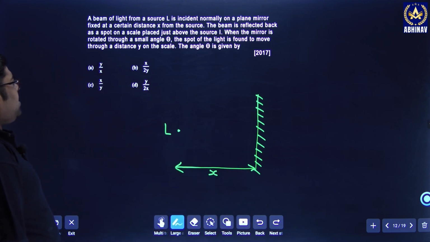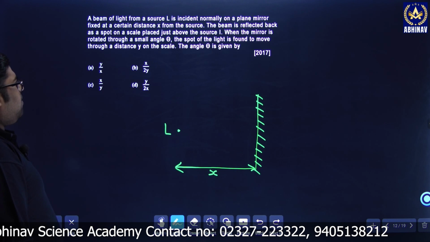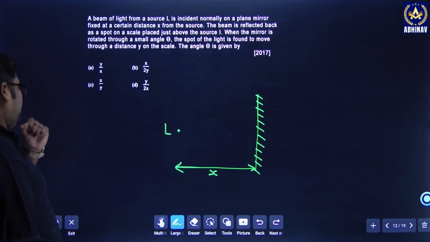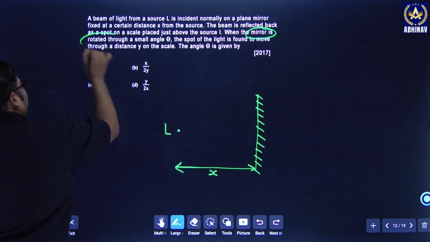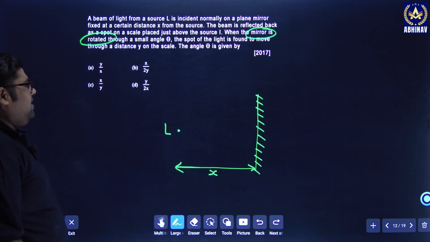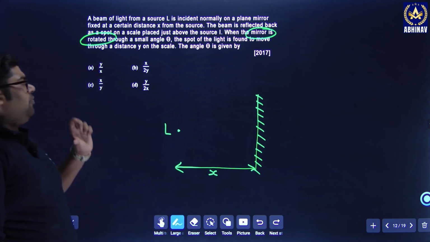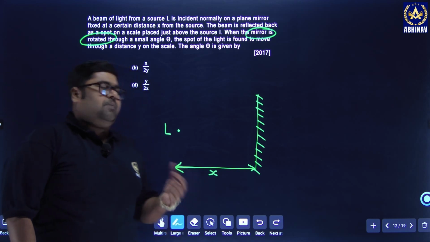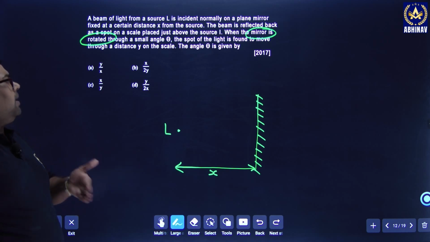Now the beam is reflected back as a spot on a scale placed just above the source L when the mirror is rotated through a small angle theta. See, now the concept used here is mirror rotation. What words you need to highlight here? While solving, using a pencil in your exam, you can highlight these words: mirror is rotated. Yesterday itself we have seen the concept of mirror rotation, that if a mirror is rotated by an angle theta, the reflected ray is shifted by an angle twice theta, that is double the angle.